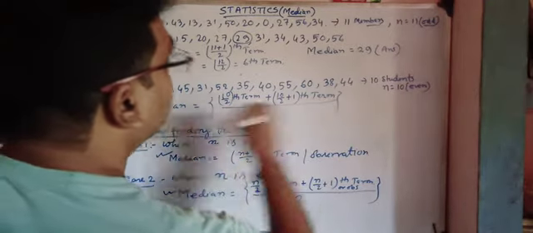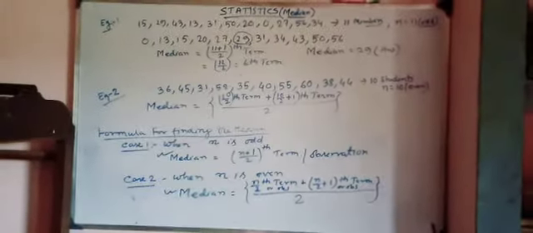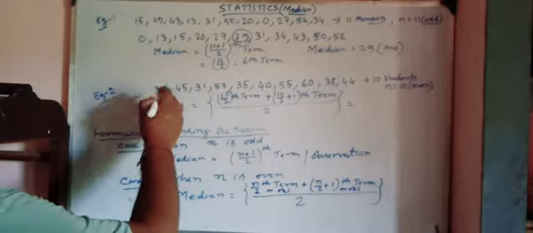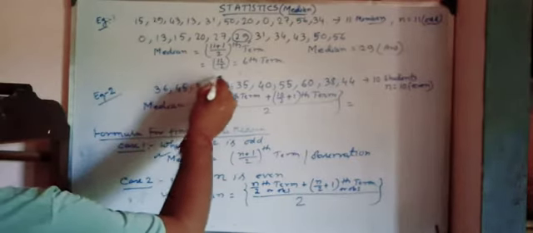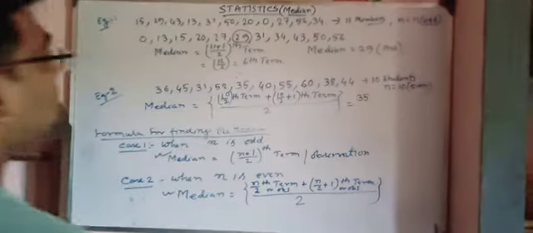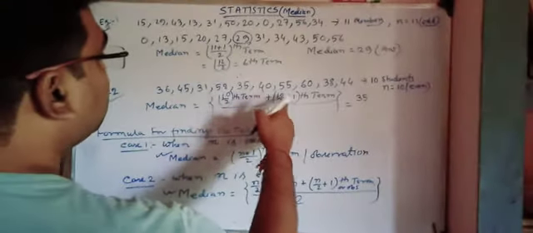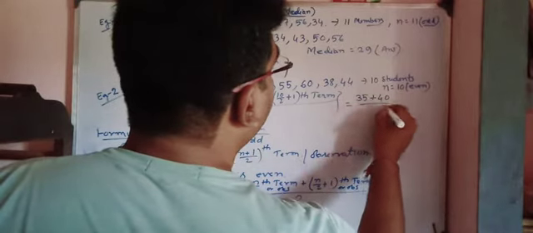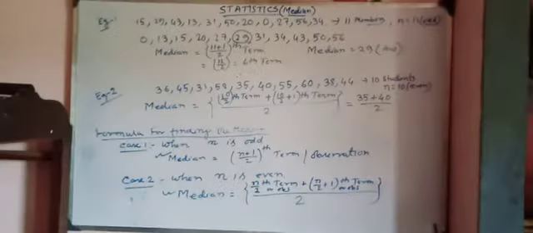If we calculate that, the 10 by 2 th term means the fifth term. The fifth term is 1, 2, 3, 4, 5: 35. This is my fifth term. Next, fifth plus 1 is the sixth term, 40, divided by 2. Understood that?